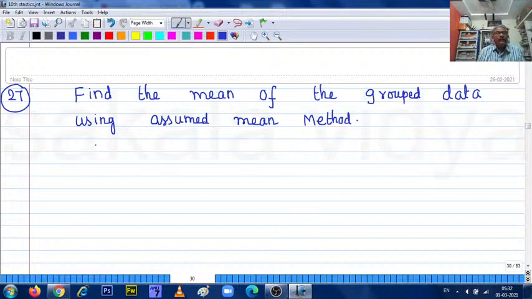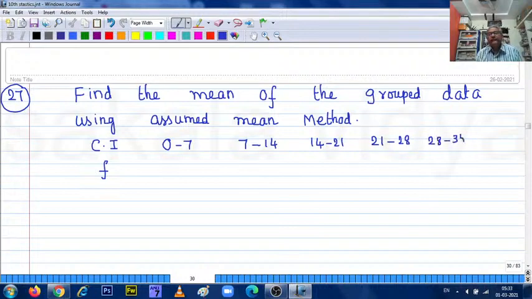So now class interval given, frequency f given: 0 to 7, 7 to 14, 14 to 21, 21 to 28, 28 to 35, 35 to 42.